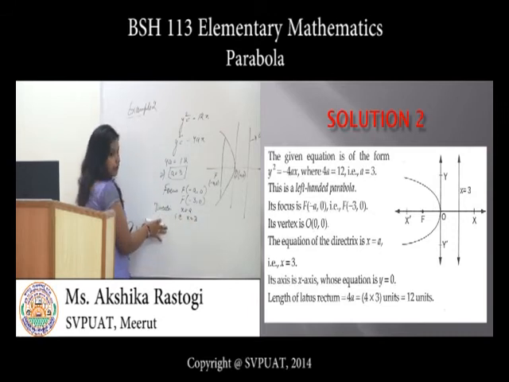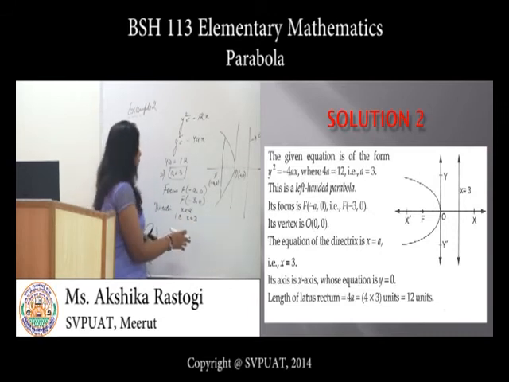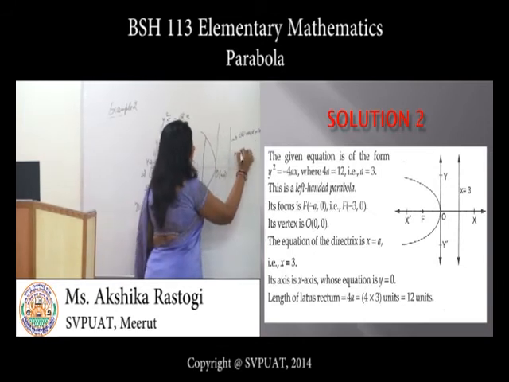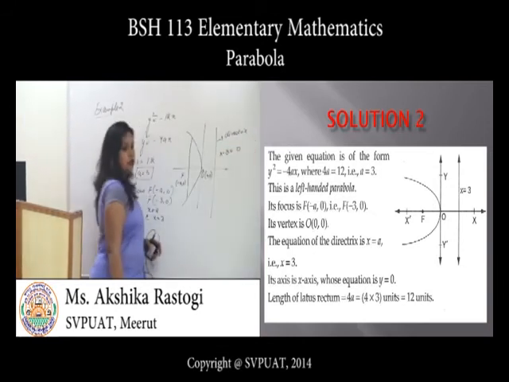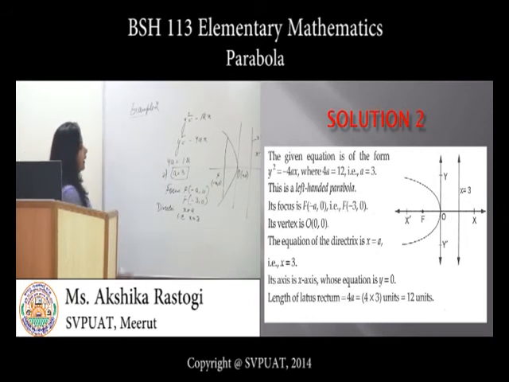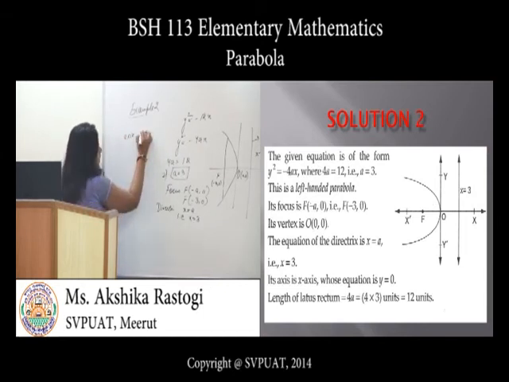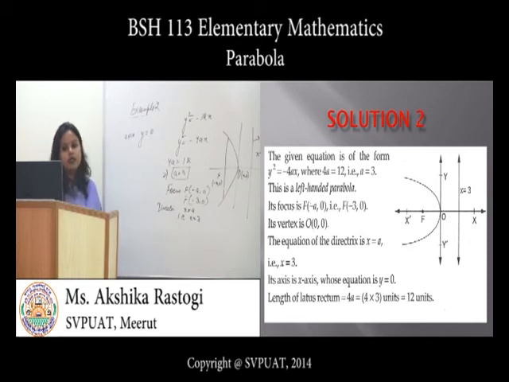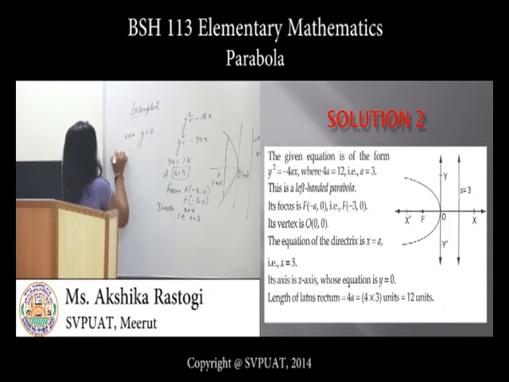That means, if we have to show the equation, that will be x minus 3 equals 0. Now we have to find the axis of this. So the axis is the x-axis, that's why y equals 0. This is the axis. Now we have to find the length of latus rectum.